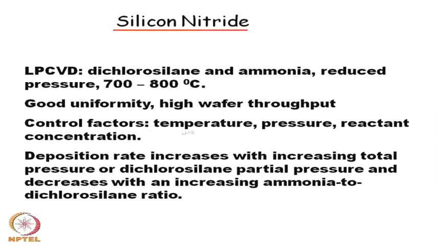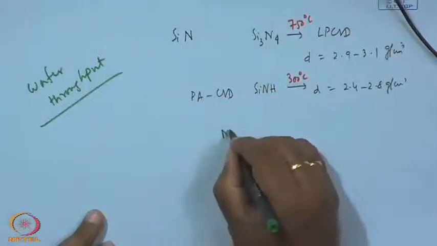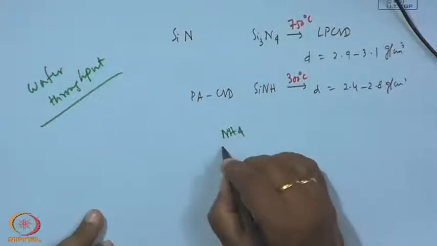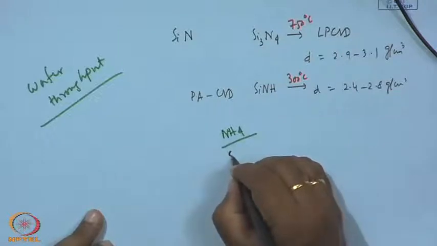Then the control factors are temperature, pressure, and reactant concentration. Deposition rate increases with increasing total pressure or dichlorosilane partial pressure, and decreases with an increasing ammonia to dichlorosilane ratio. So, that is the important thing.